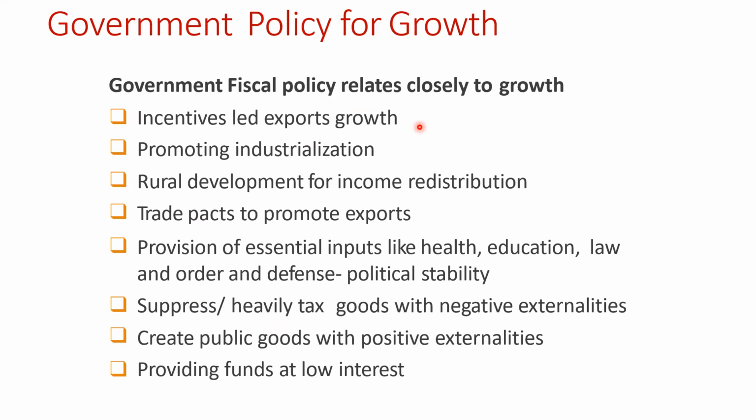Their main objective is to promote export-oriented companies. Then promoting industrialization and rural development for income redistribution is also very important. Now, in our country, there is a huge issue about wealth distribution. Trade pacts to promote exports, I will explain to you under international trade.